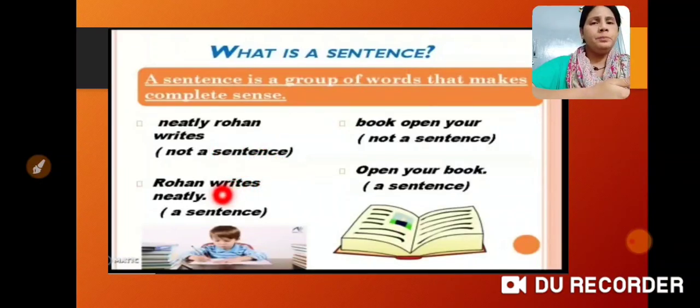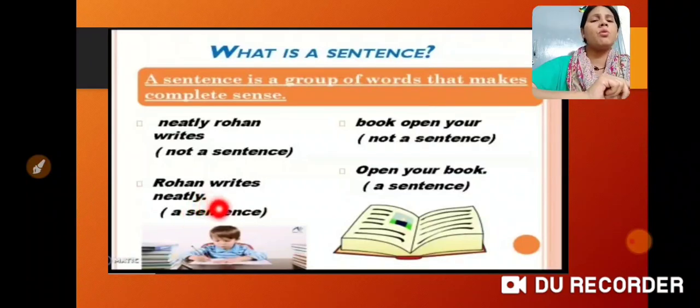Now look here. Rohan writes neatly. Yes, if we rearrange these group of words, then the sentence will be Rohan writes neatly, which is a sentence, because after rearranging, these group of words are making a complete sense.